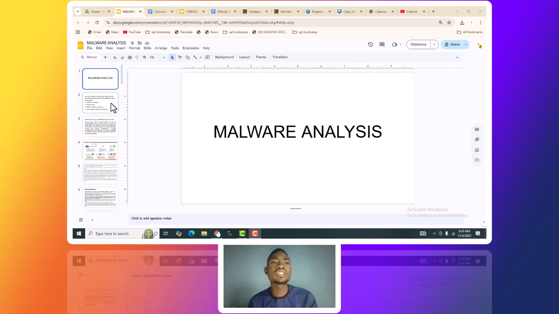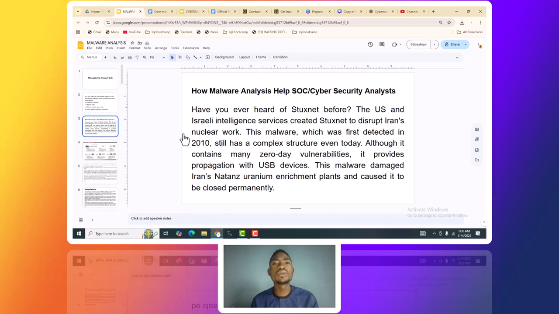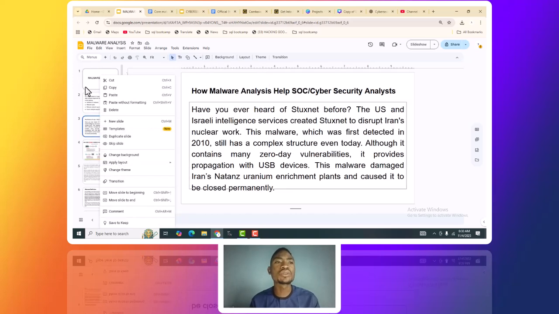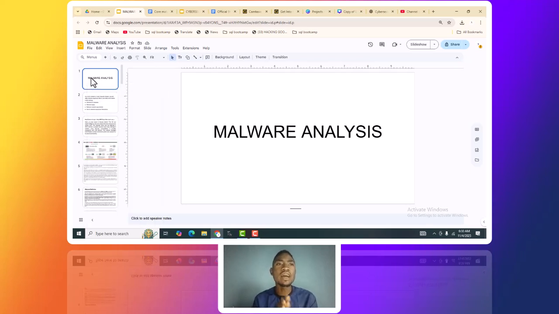So what is malware? Malware is a malicious code that causes harm or damage to our system.